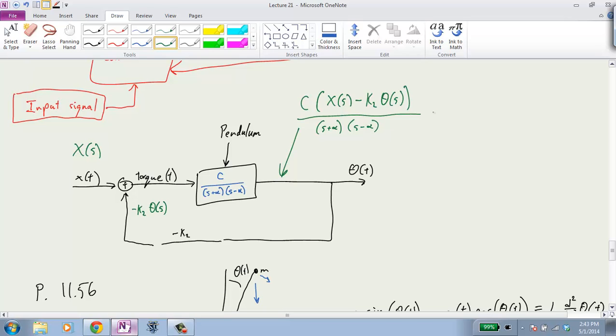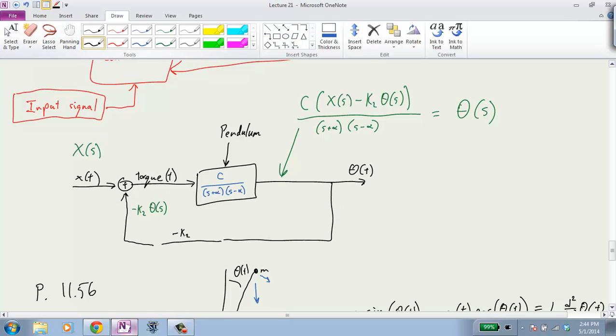And that has to equal theta of s. So now we've looked at the block diagram that contains our system, and we've just calculated the equation that the feedback loop gives.